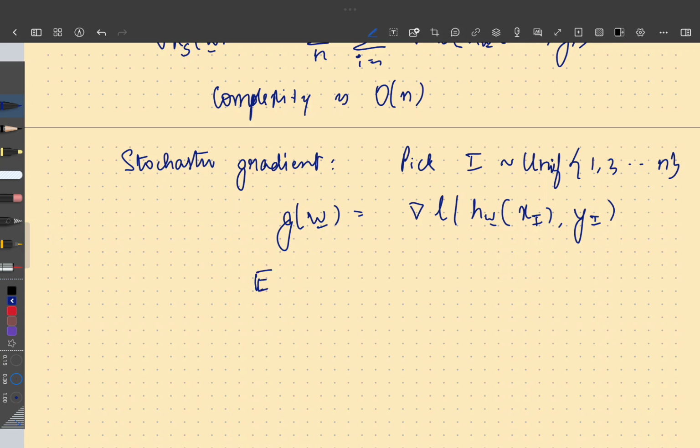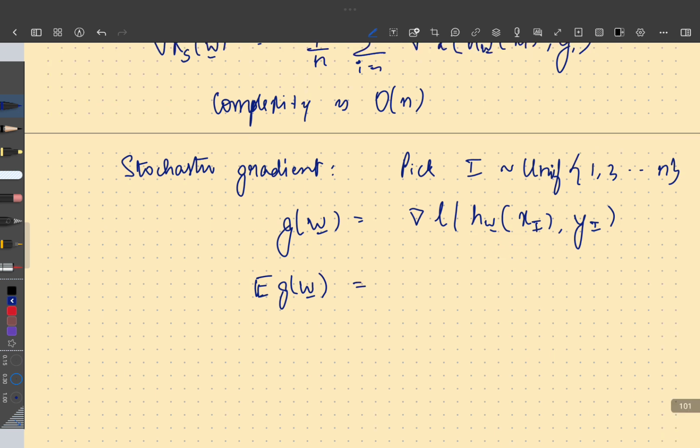Now this is a stochastic gradient. Why? What is the expectation of g of w? I is picked uniformly at random, therefore the expectation is the sum over all I. The probability of choosing a particular I is 1 by n, and the random variable in question is the gradient of L of h_W of x_i, y_i. So the expectation of g of w is equal to the true gradient of the empirical risk.